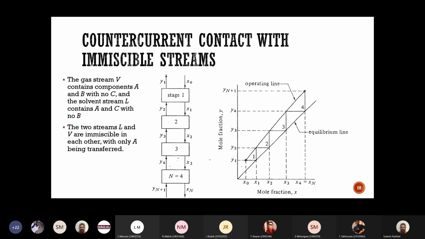All right. As we said before, there's the equilibrium line, which relates yn versus xn, and the operating line, which relates yn plus 1 versus xn.